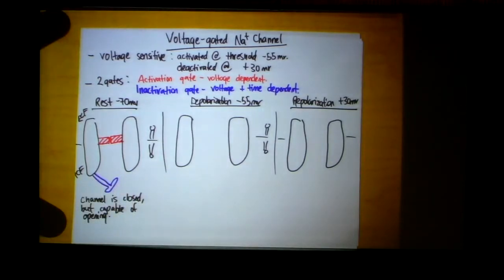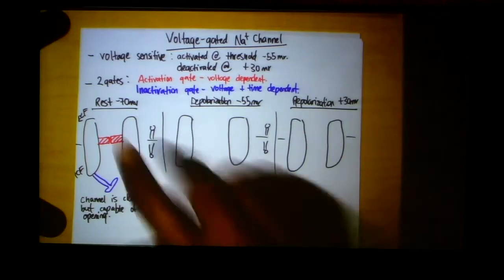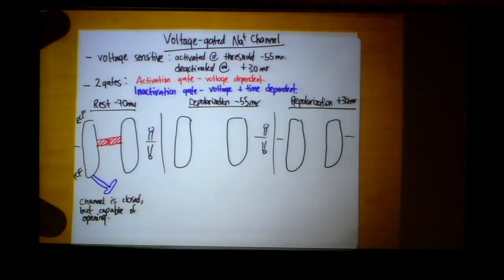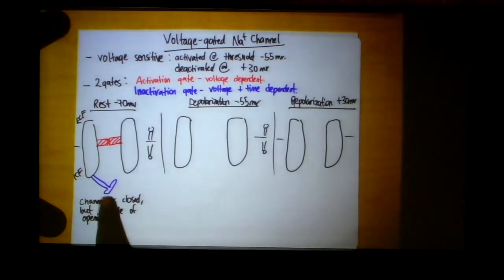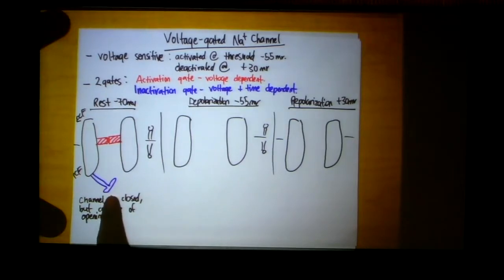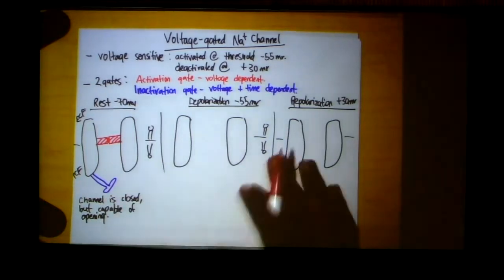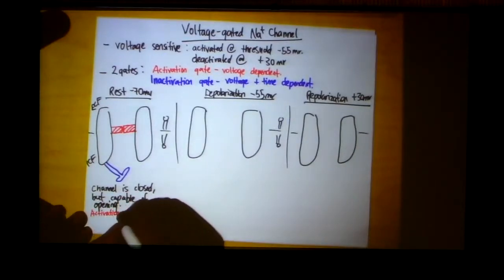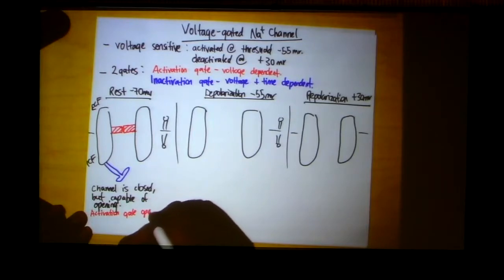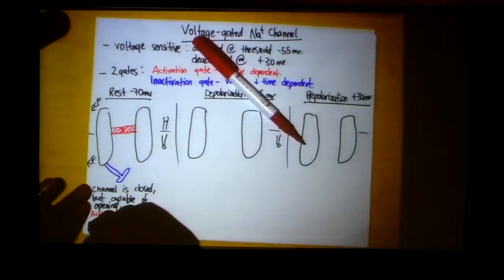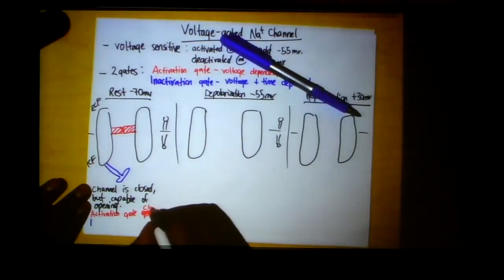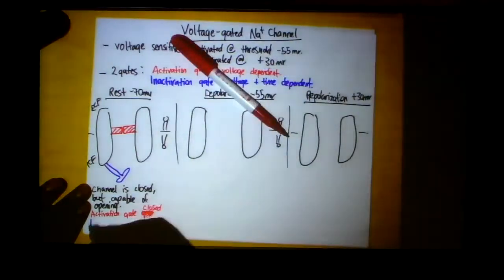It's sort of securing things like a backup gate. So if the inactivation gate were closed, this channel would be incapable of being opened, but it is open. So we could potentially open the sodium channel, right? Let's make a note here. Activation gate closed. Inactivation gate open.